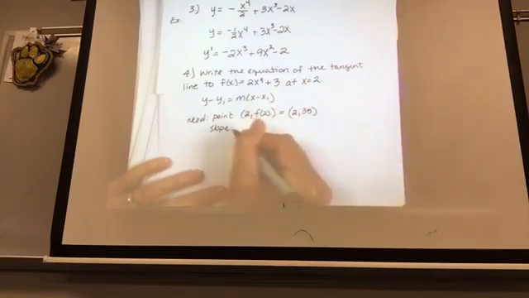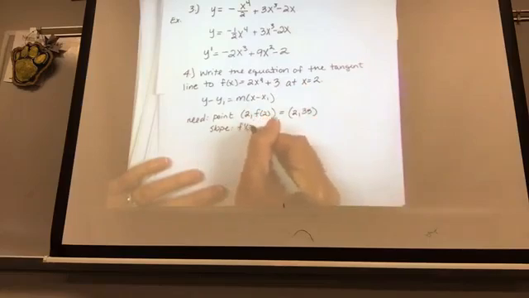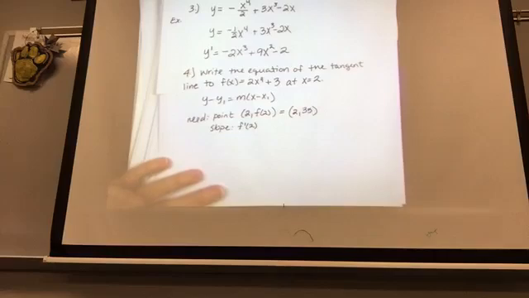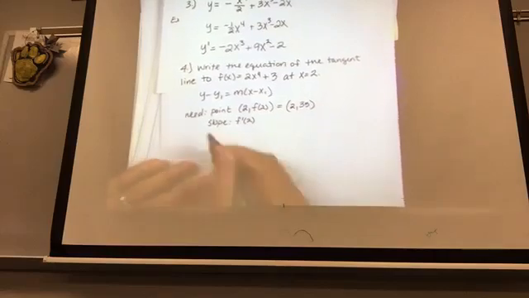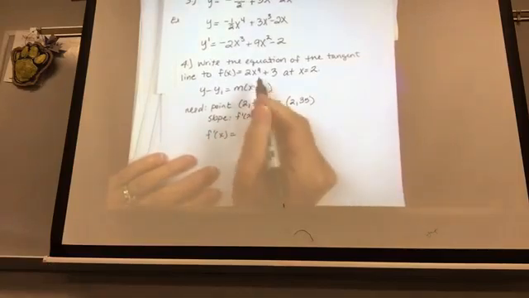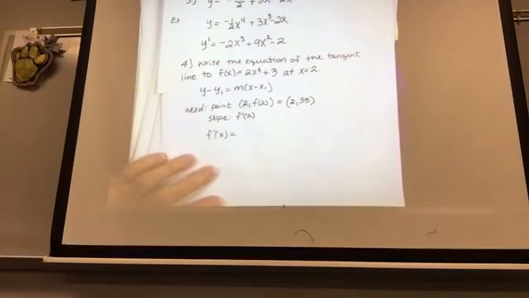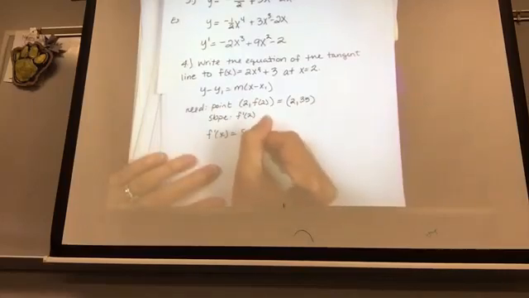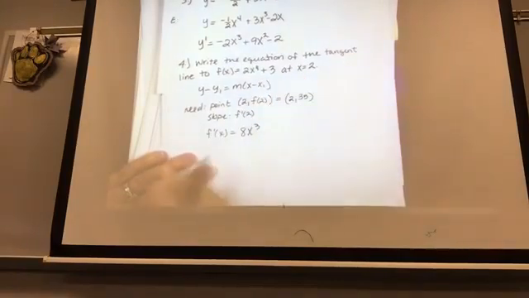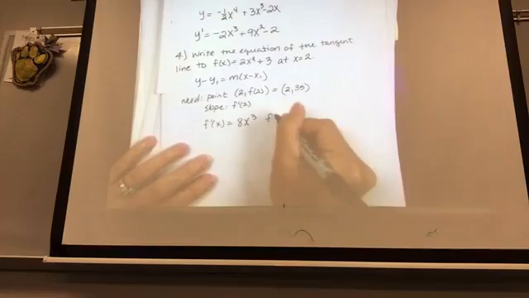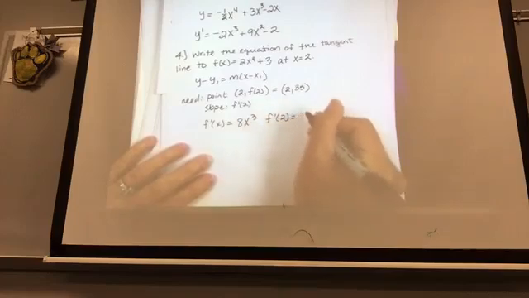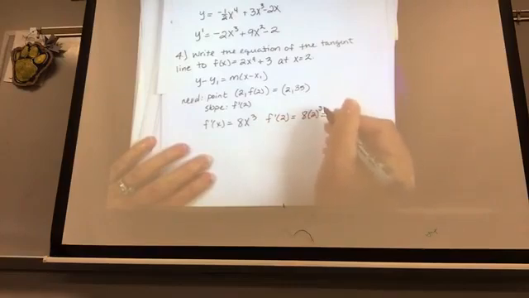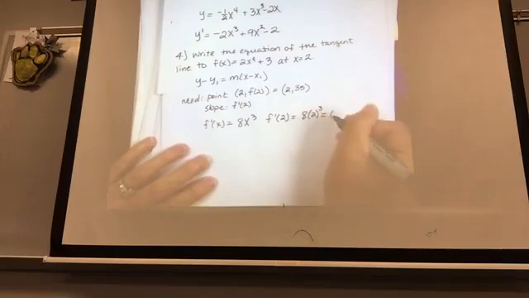Now I need my slope, which is going to be f prime of 2. I need my slope at x equals 2. So now f prime of x, using my power and constant rule, what's the derivative of 2x to the 4th plus 3? 8x cubed. Good. And then the derivative of 3 would be 0. So now f prime of 2, 8 times 2 cubed. 2 cubed we know is 8. 8 times 8 is 64.